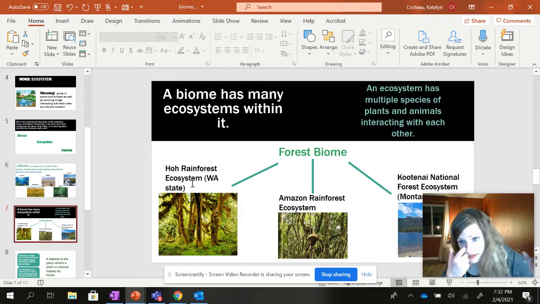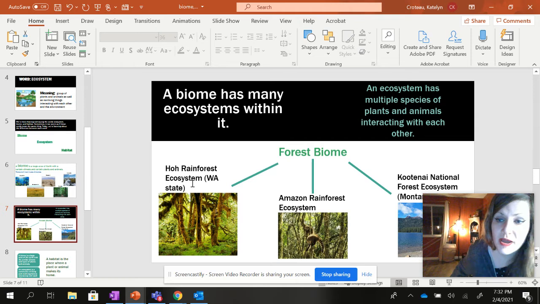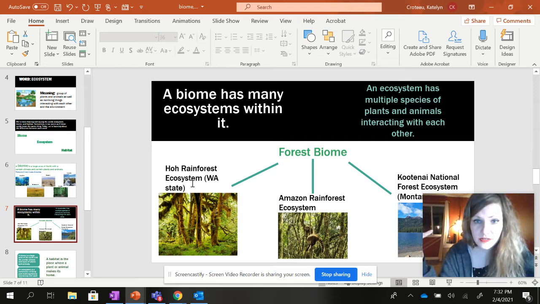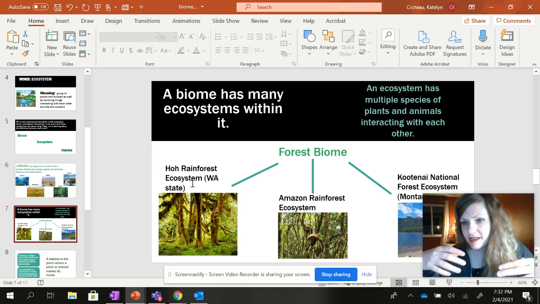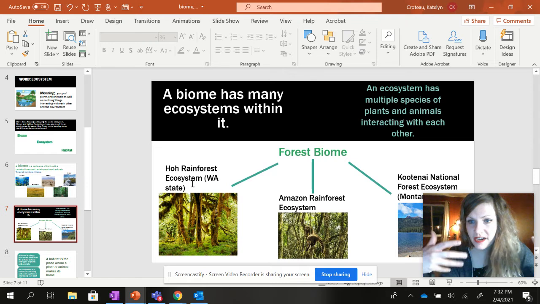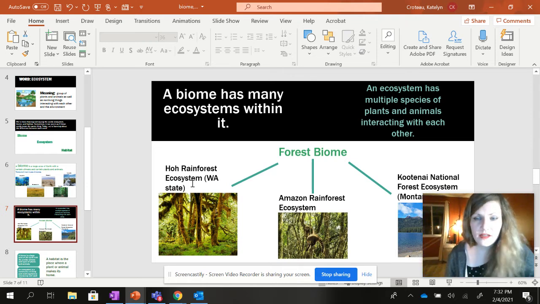But even inside of that rainforest, there might be other smaller ecosystems inside of that one ecosystem. You can think of the rainforest as a whole as one ecosystem, but maybe there's a little river or pond in there, and that's another ecosystem in and of itself, right?